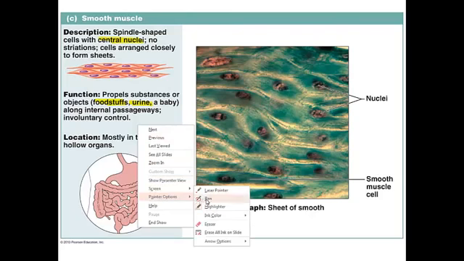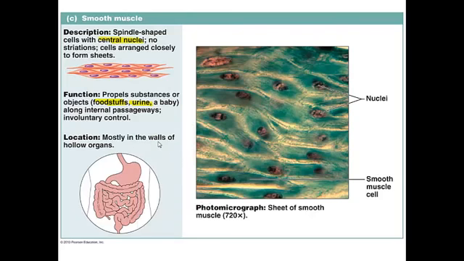So the main systems that we have smooth muscle in would be the digestive tract, the GI tract, the urinary tract, the uterus, so part of the reproductive tract, as well as blood vessels.